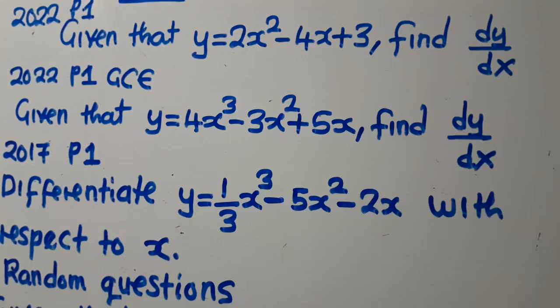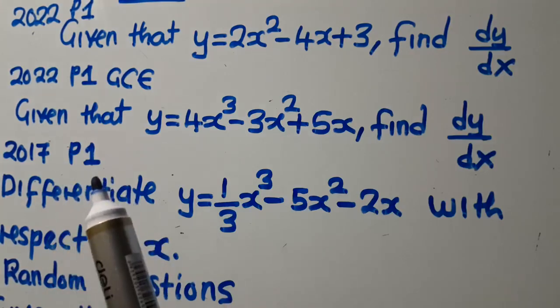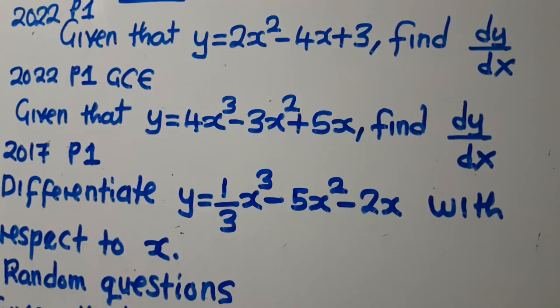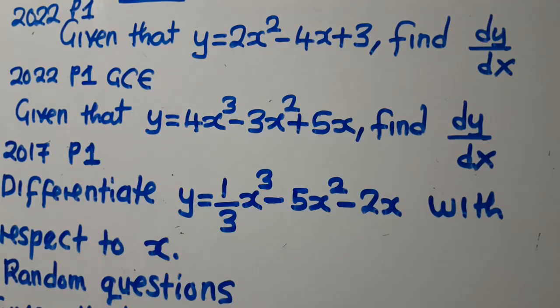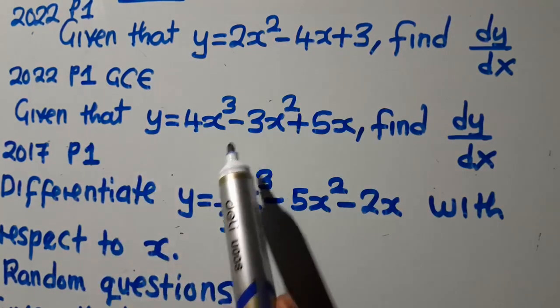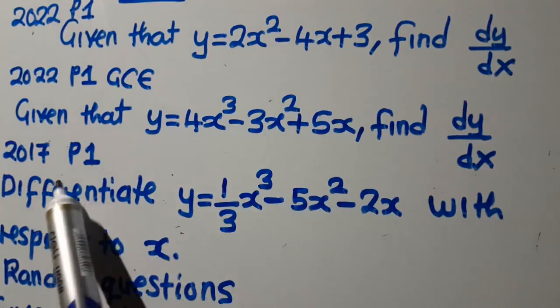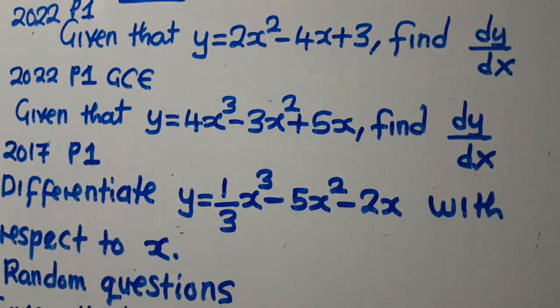As you can see, the first one is coming from the 2022 paper 1. That is ECZ, the Examination Council of Zambia. We've got 2022 paper 1 GCE, and this is a question from 2017. All these are exam questions.